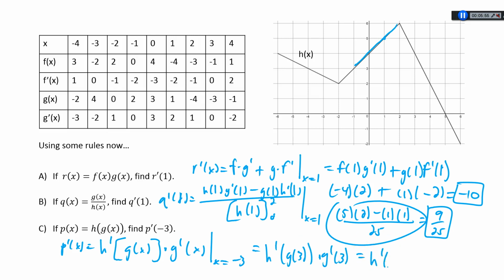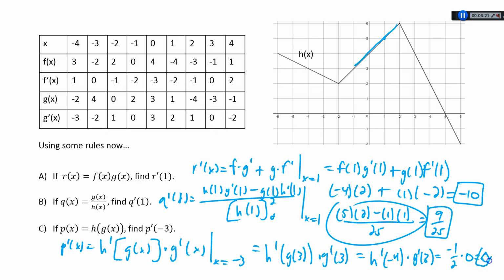So that's h prime of, what's g of -3? g of -3 is -4, times g prime of -3. All right, h prime of -4, that looks like -1/2, multiplied by g prime of -3, which is 0. Wasn't that fun? Okay, so the answer is 0.